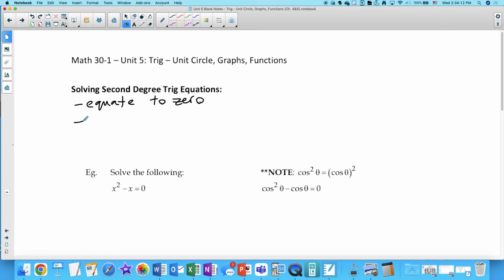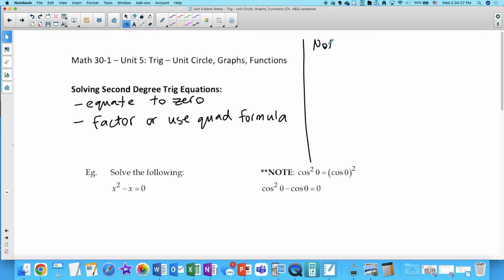Now, there is something that you guys need to know about the notation for when you square or cube or raise any trig ratio to an exponent. Let's say I do sine theta times sine theta.